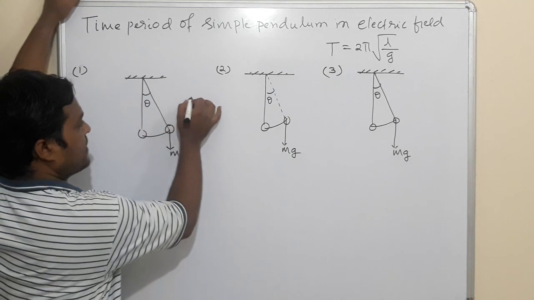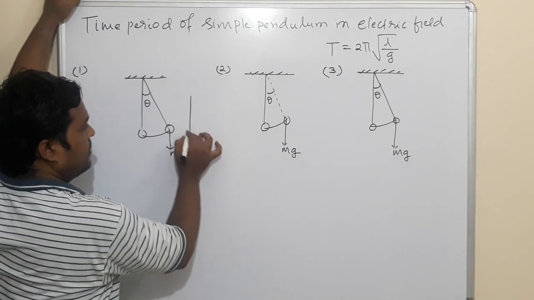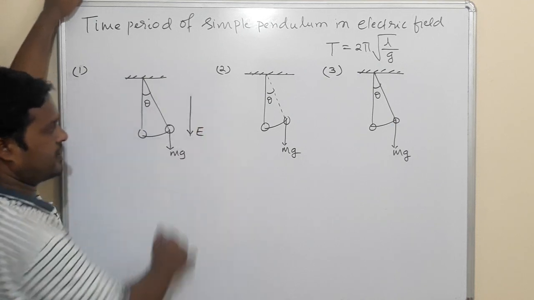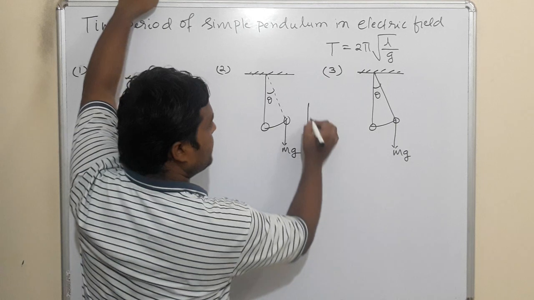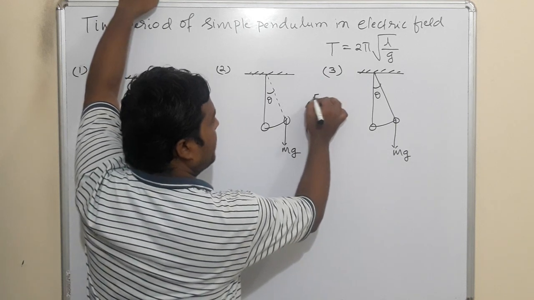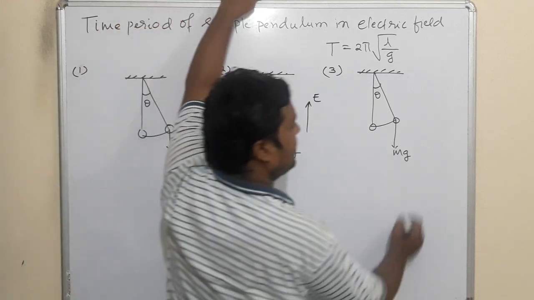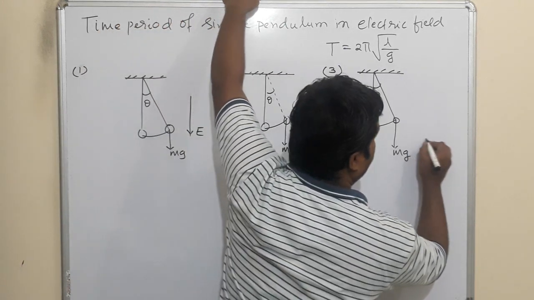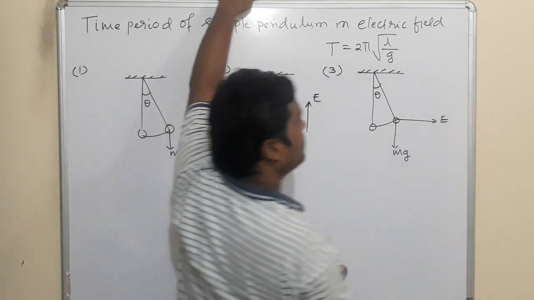In the first case, let us say field is applied in this direction, vertically downward. In the second case, let us say field is applied vertically upward. In the third case, let us say field is applied horizontally like this.